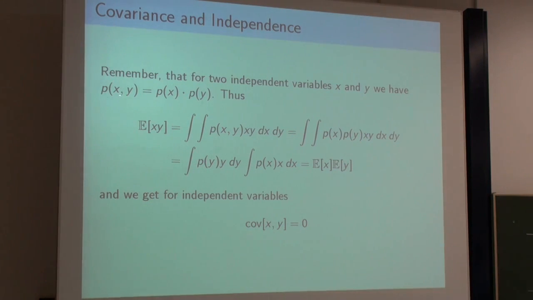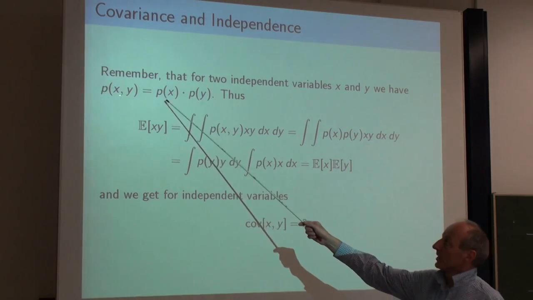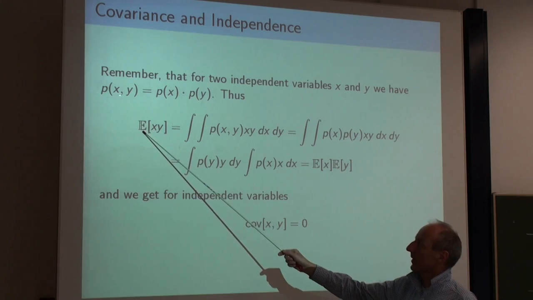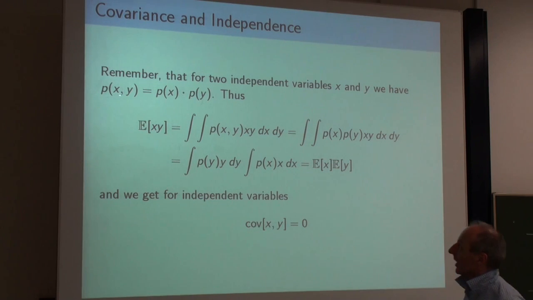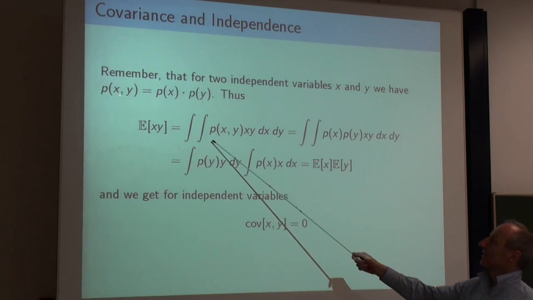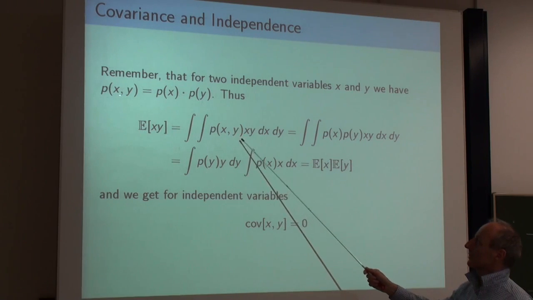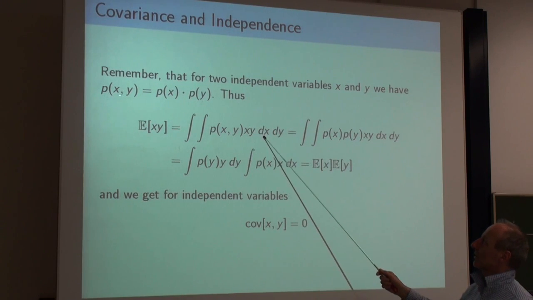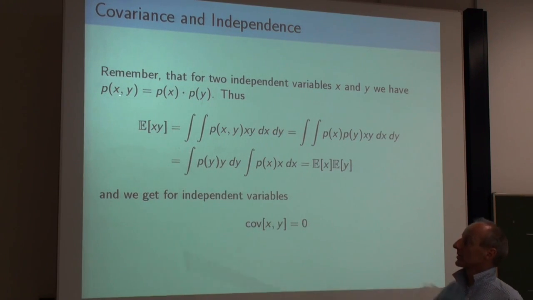Yeah? I mean, that's the definition of independence. And now we calculate the expected value of the product of these two guys, which is the integral of the density times x times y, and of course integrated over x and y because it depends on two variables.